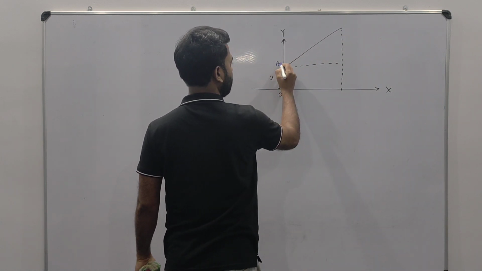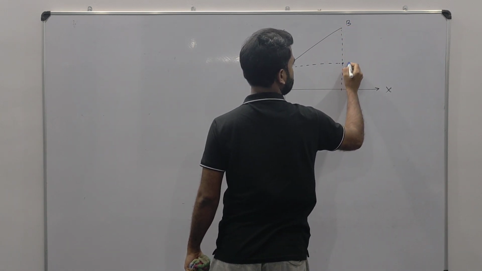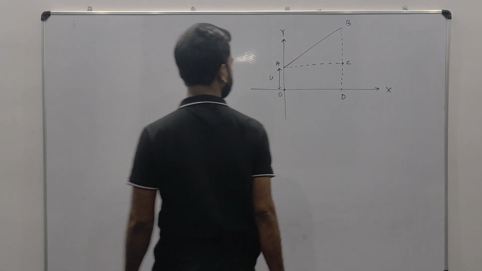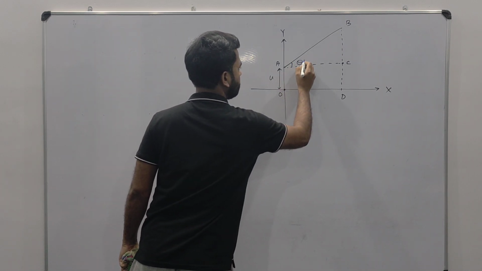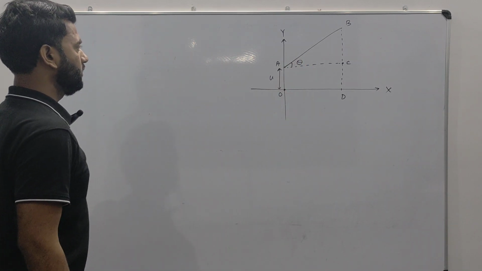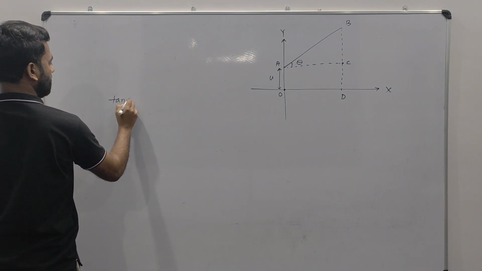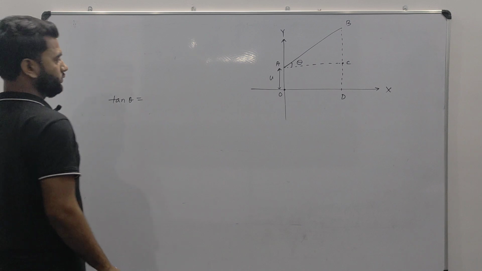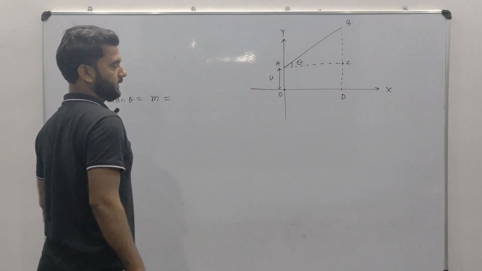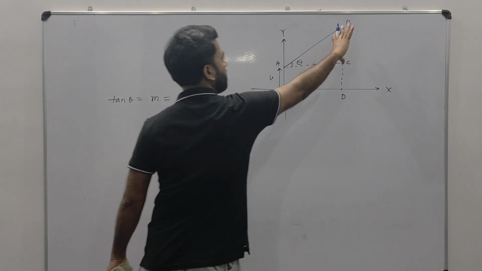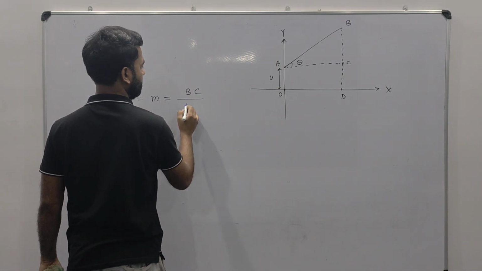Consider this point to be A, this to be B, this point to be C, and this to be D, and this angle is theta. So tan theta, the slope, is equal to perpendicular by base, that is BC by AC.